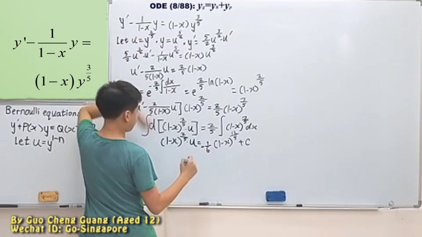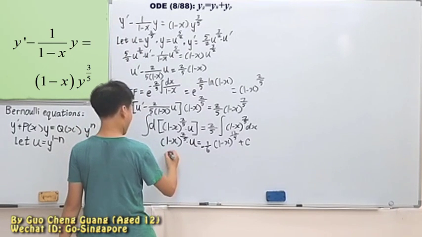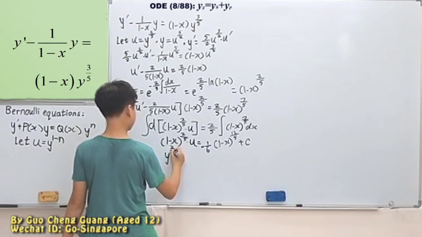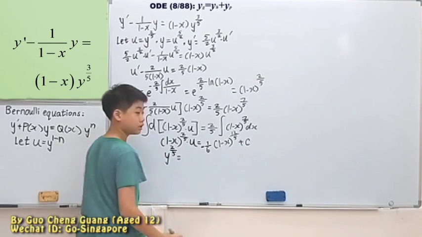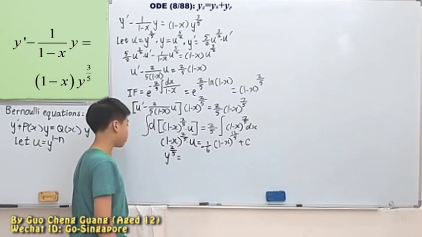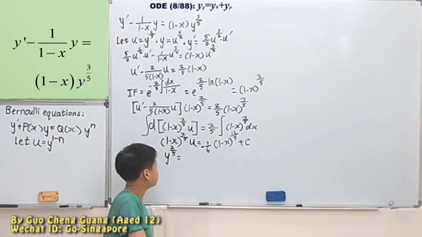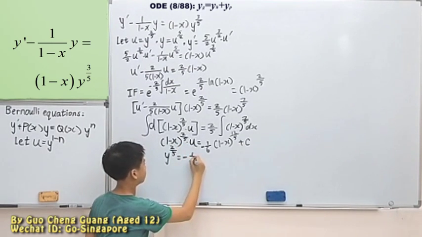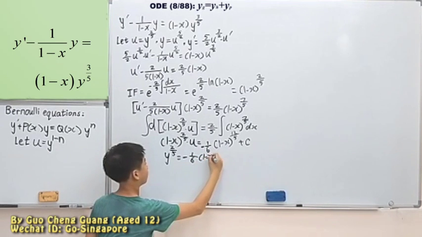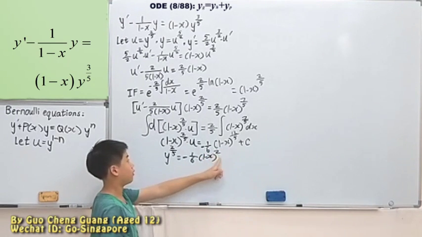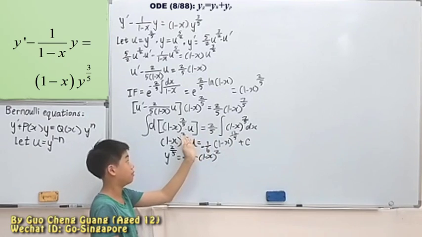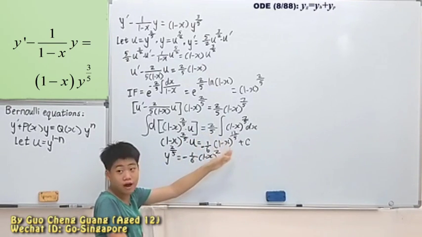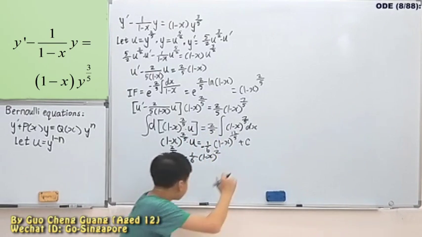We'll need to put this back again as we want to find y. So then with this, y to the power of 2 over 5 will be, okay, we need to divide this to the other side. Square. Now why is it square? Well, it's just 12 minus 2, then 10 over 5, then get 2. Okay.